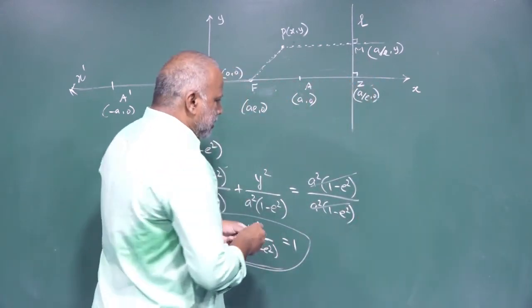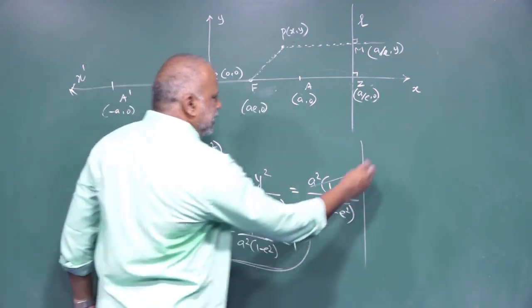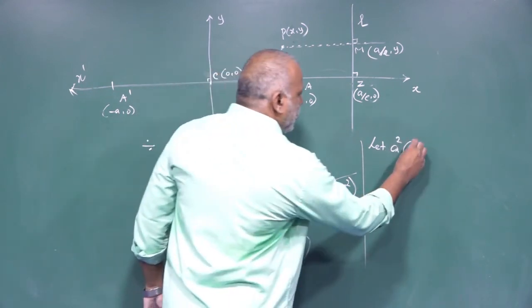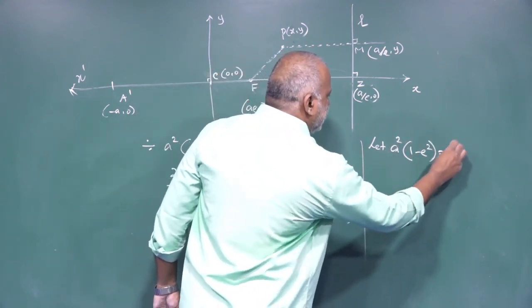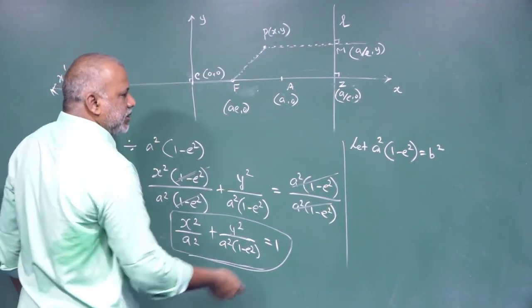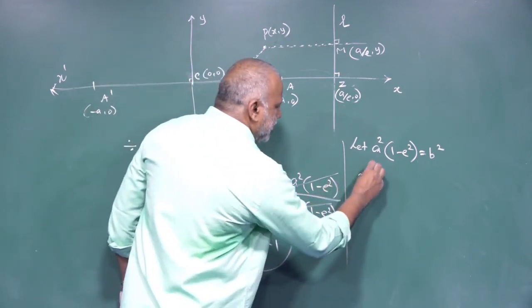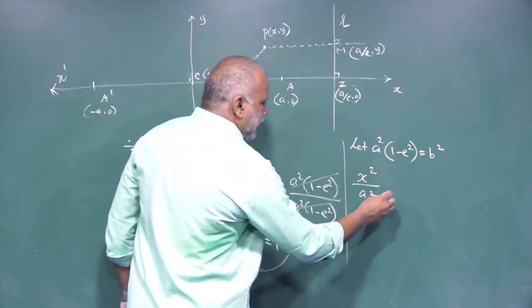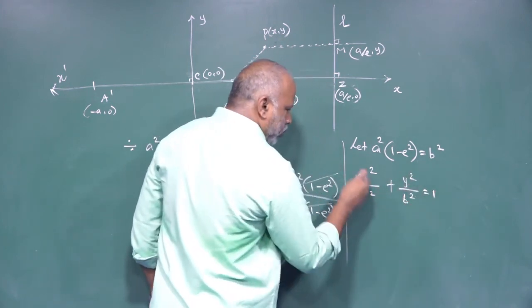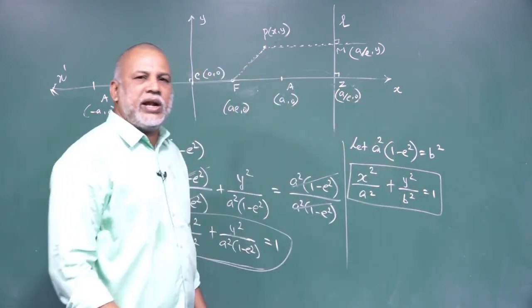Let us consider a squared of 1 minus e squared equal to b squared. This entire constant is considered as b squared. Therefore, see this equation: x squared by a squared plus y squared by b squared equal to 1. This is the standard equation of an ellipse.